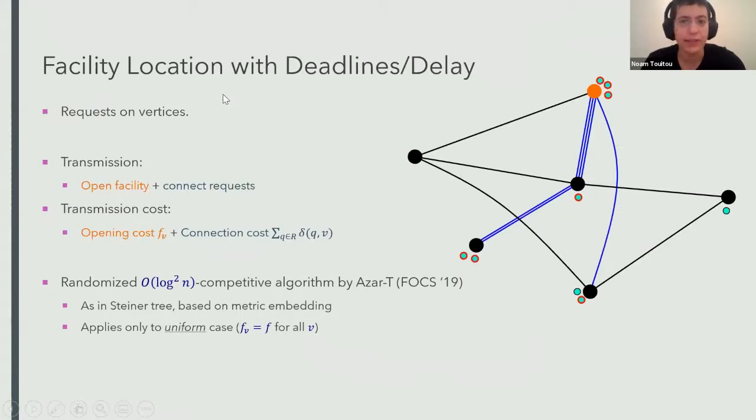Another problem is facility location with deadlines or delay. In this problem, a transmission consists of opening a facility and connecting some requests. And for this problem, there is also an O(log squared n) competitive algorithm, which is also based on metric embedding and applies only to the uniform case, in which opening a facility at a node has the same cost regardless of which node that is.